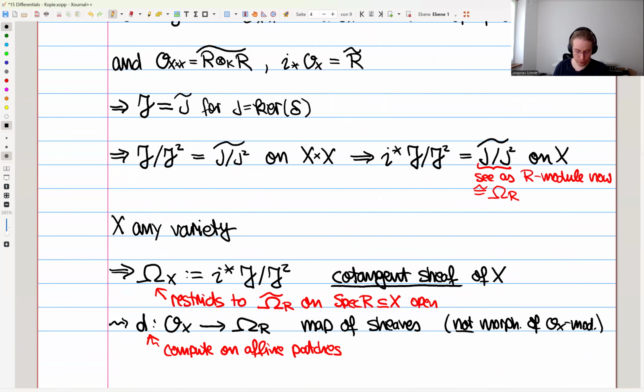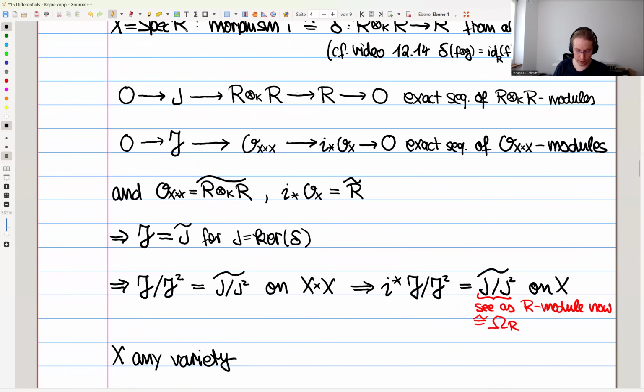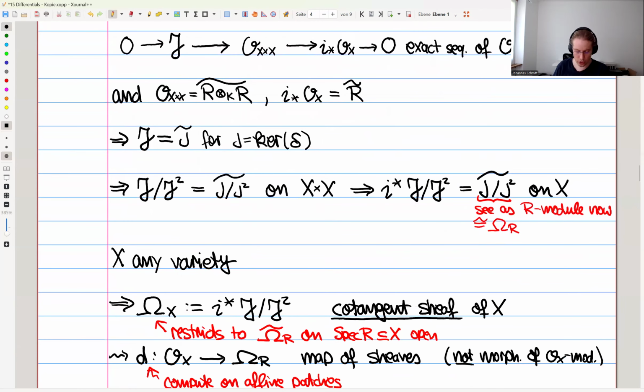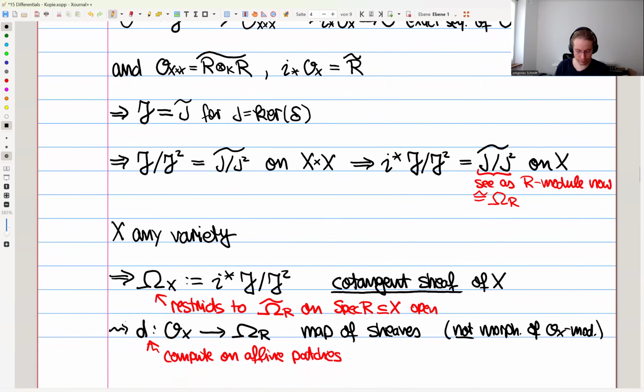This gives you some sheaf. And what this lengthy computation here just checked is that on spec R inside X open, this just restricts to the omega R tilde. And this is perfect because somehow we know that on this thing, the cotangent sheaf should be this. And so we have now constructed something in an abstract way, which gives us the right thing.